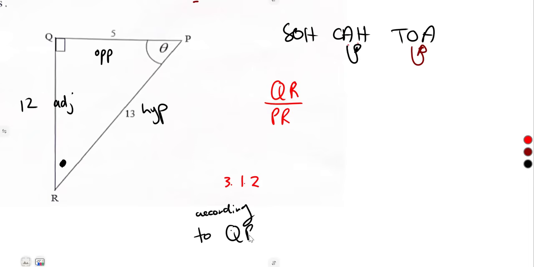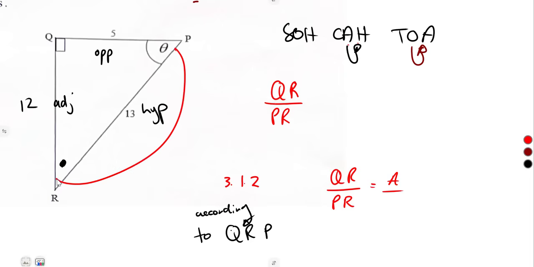According to angle QRP, QR represents what? According to this angle QRP, the side QR represents what? This is our QR, this one. It represents the adjacent. So this is the same as we've got adjacent over what? PR. PR represents the hypotenuse. So which ratio, guys, gives us adjacent over hypotenuse?